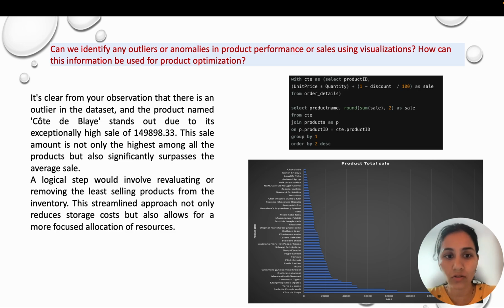So that product is known as the outlier. Now, for product optimization, a logical step involves reevaluating or removing the least selling products from the inventory. That will be our product optimization.